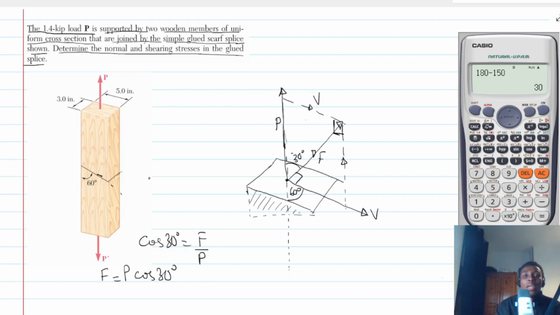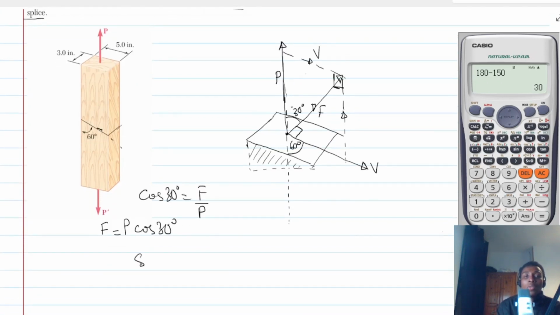All right. And then in terms of sine 30, we can also say that opposite, which is V, divided by hypotenuse, which is P. Therefore, V is P sine 30.